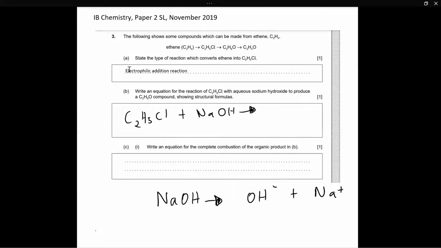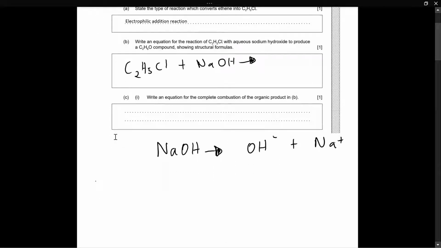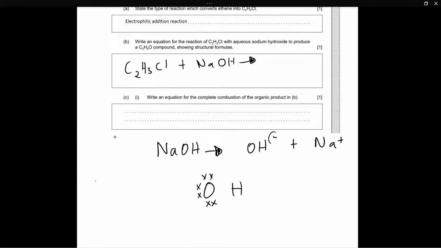And if I draw the Lewis structure of OH minus, you'll see what I'm talking about. You have O bonded to an H, and you know that O has 6 electrons. But since there's a minus sign over here, we add an extra electron to oxygen. And the hydrogen, which only has 1 electron, is going to bond to the oxygen. That way you have a full octet for hydrogen and a full octet for oxygen.